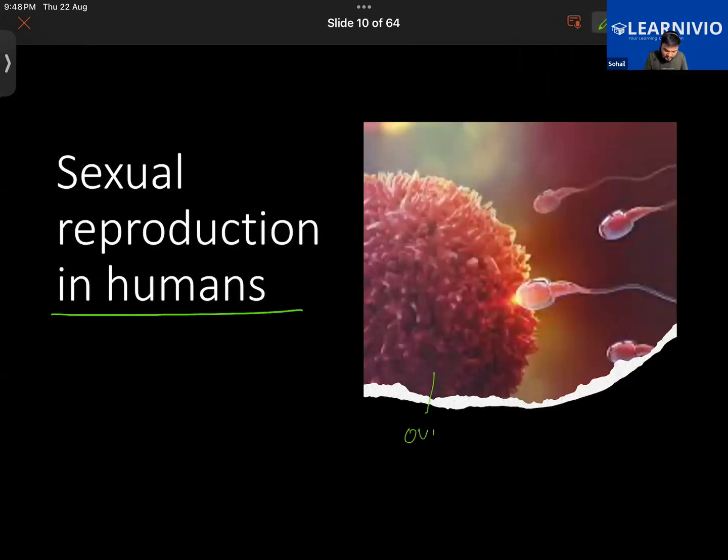This is the ovum, and you see the three different parts of the sperm. Compare the size of the ovum and the sperm. The sperm is very small compared to the ovum. Only the head will be entering, while the function of the middle part and the tail is limited to providing the sperm with energy and locomotion, allowing it to move. Getting it now?